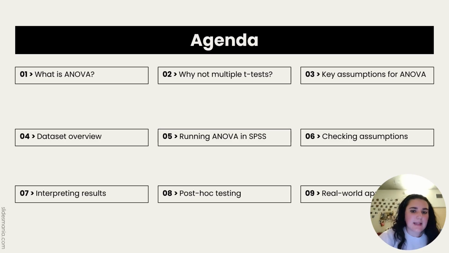The agenda for today's lecture is going to start off with what ANOVA actually is. Then we'll go into why multiple t-tests aren't as efficient as ANOVA. We'll then go into the key assumptions about ANOVA before we use it. We'll have a brief overview of the data set being used for this tutorial and lecture, and then we'll go into running ANOVA step-by-step in SPSS.